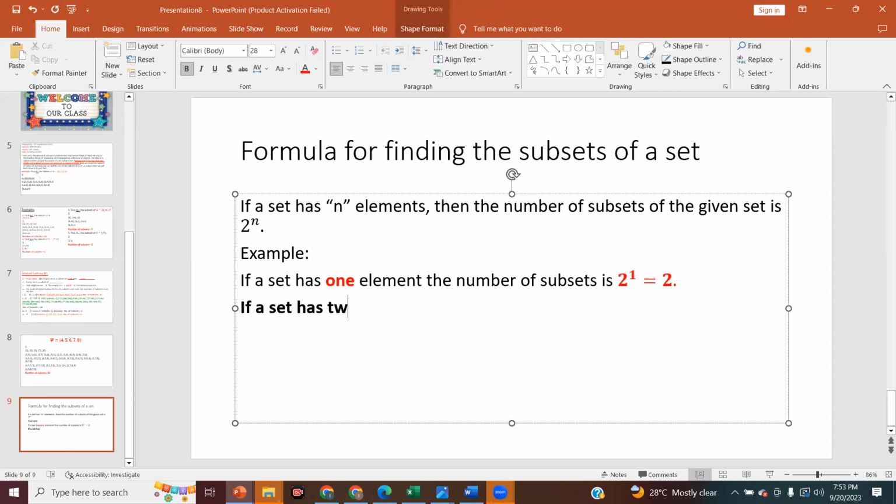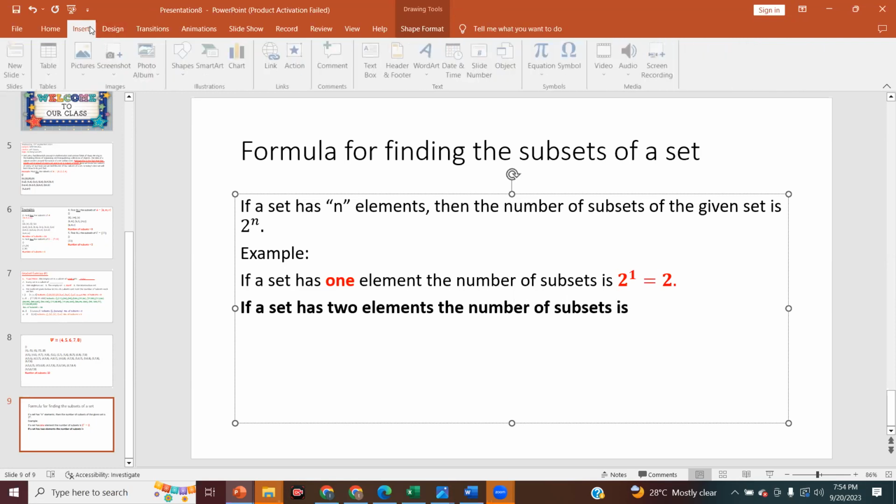So if a set has 1 element, the number of subsets it has is what? 2. All right. If a set has 2 elements, the number of subsets is going to be what? 2 times 2, 4. It's going to be, someone said it, 2 squared, 4. Sorry, 2 to the 2nd power.